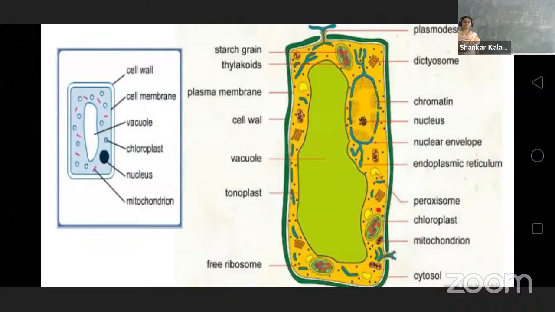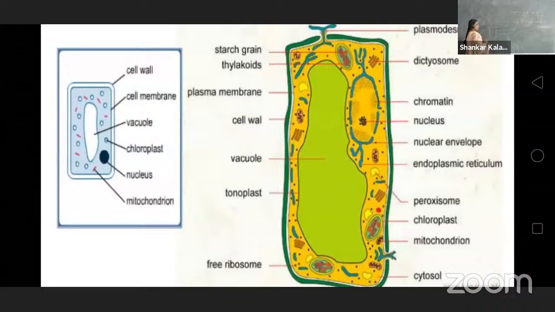In this plant cell, we have to learn cell wall and cell membrane. This outer part we call the cell wall, and this part is the cell membrane. This is the nucleus, the middle part, the center point.